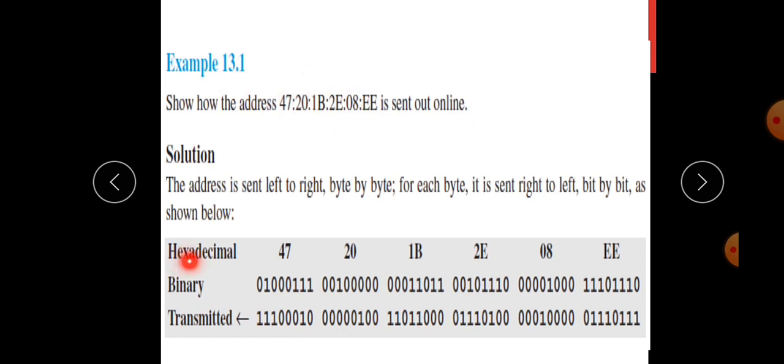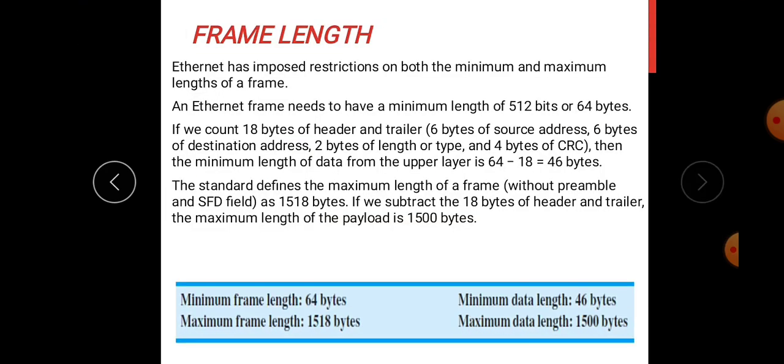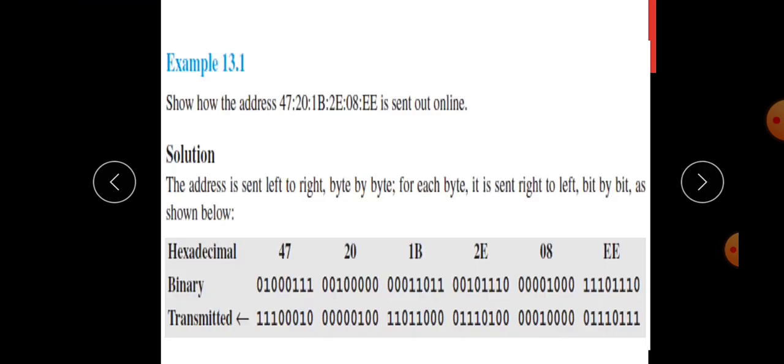So here the address is written in hexadecimal notation, that is 47:20:1B:2E:08:EE. First each of these is written in binary. Look how it is transmitted. Transmission is left to right. So the first byte sent is this one.